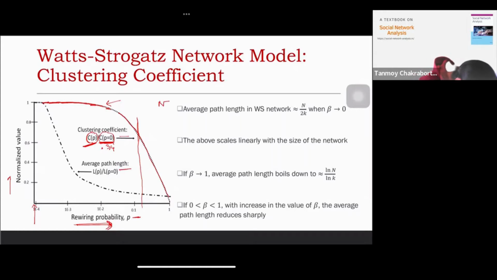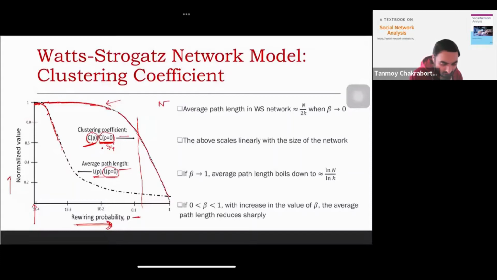Now let's look at this curve. This curve corresponds to the ratio L(p) by L(0). L(0) is the average path length at p equals 0, and L(p) is the average path length at a certain p. Again, p equals 0 means you have the regular lattice. So you see that immediately, once you start changing the p value, this ratio decreases. What does it mean?